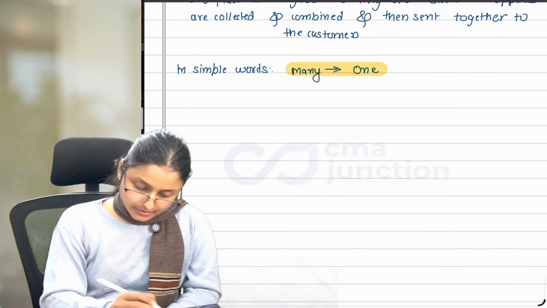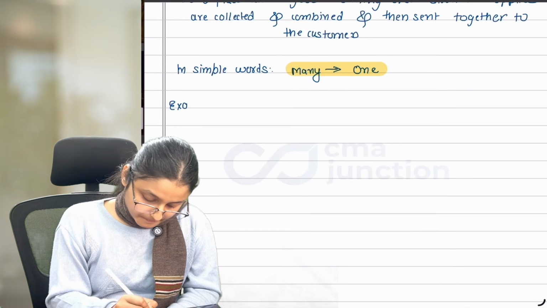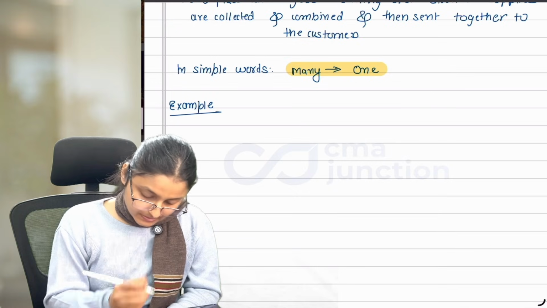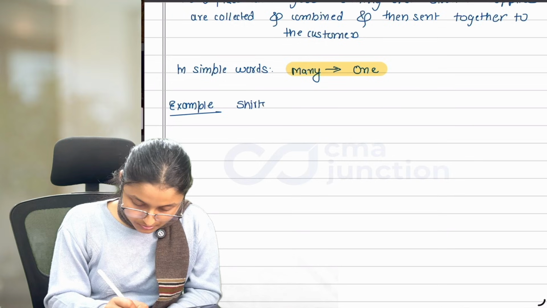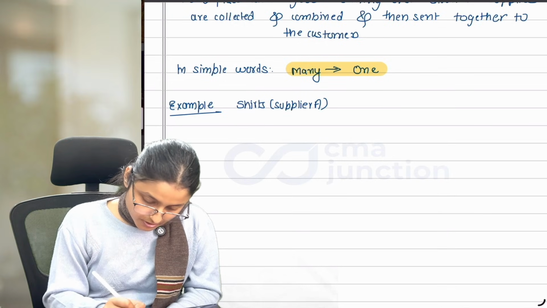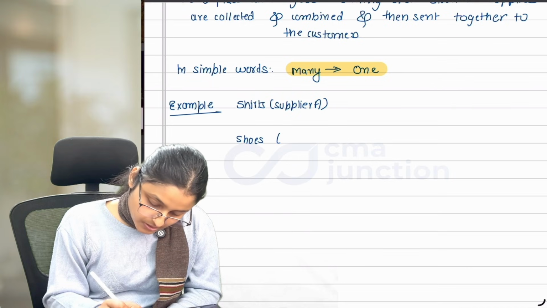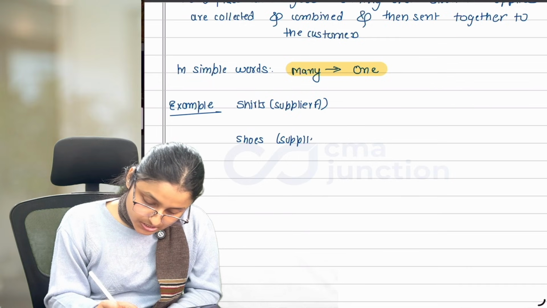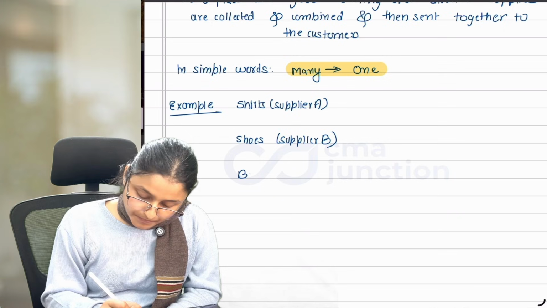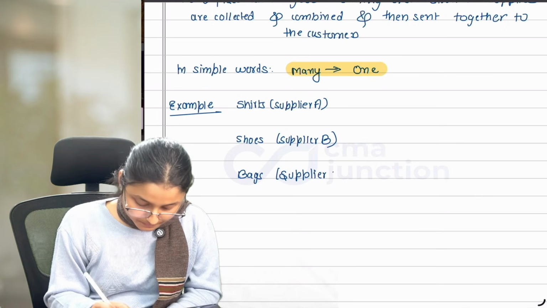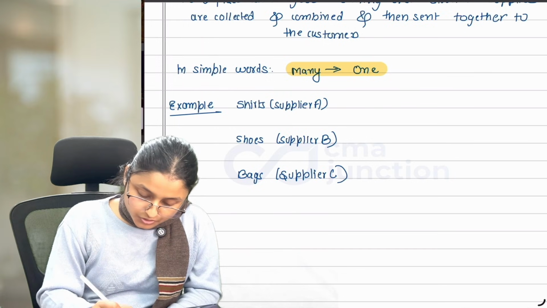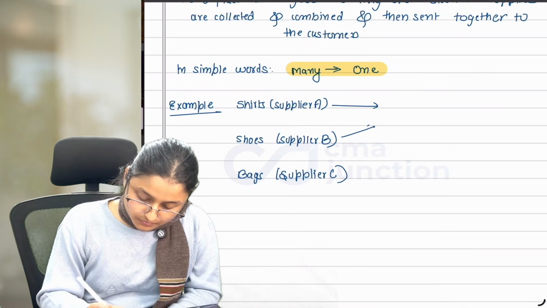Next, write the example. Like, let's say shirts are coming from supplier A, shoes are coming from supplier B, and bags are coming from supplier C. All of these together will go to the retail store.